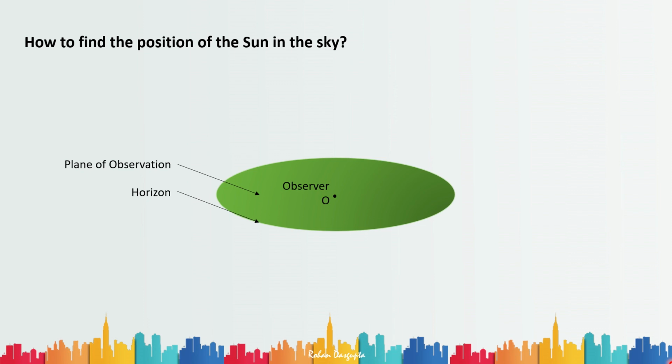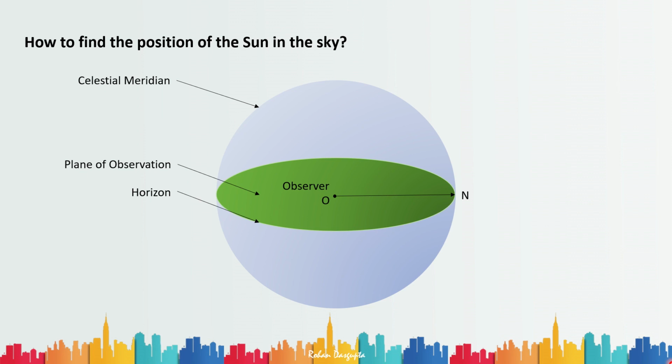Now the north direction is taken in the direction shown in this figure for simplicity. Now, let us imagine a three-dimensional globe around it, like a celestial meridian.